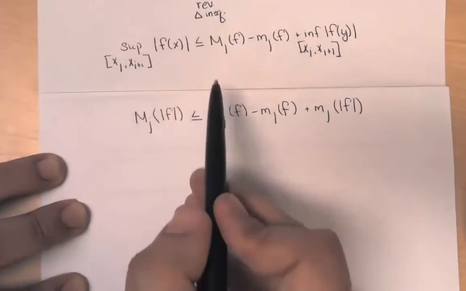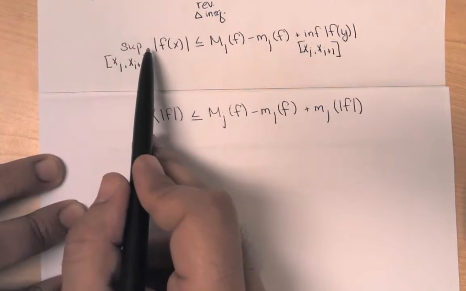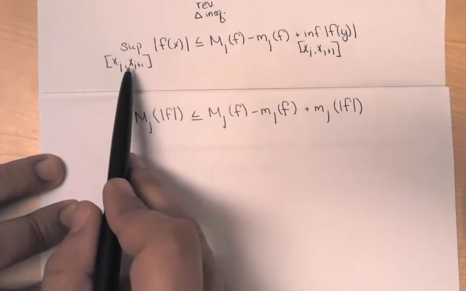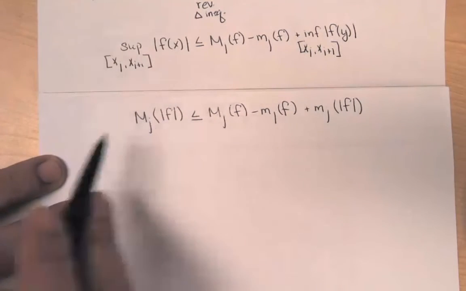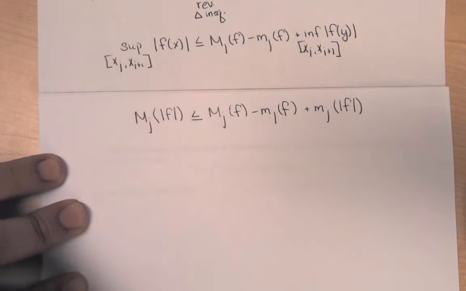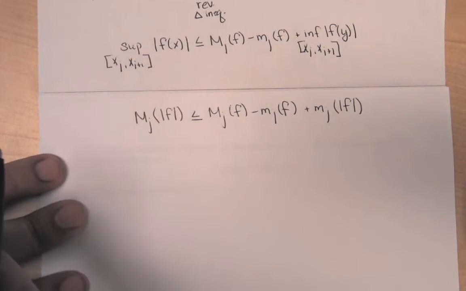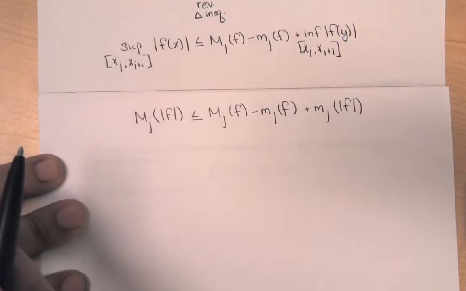Right, this is just a rewriting of this using our notation for supremum and infimum on a subinterval. Right, so this is just using our standard agreed upon shorthand. And when I say agreed upon, I mean instilled upon by my dictatorial rule.